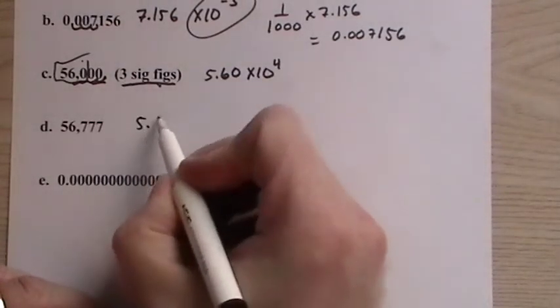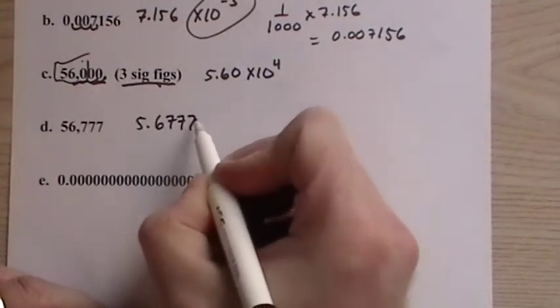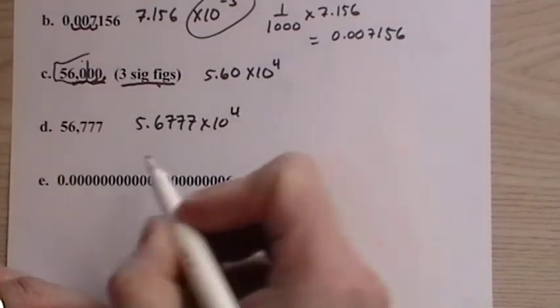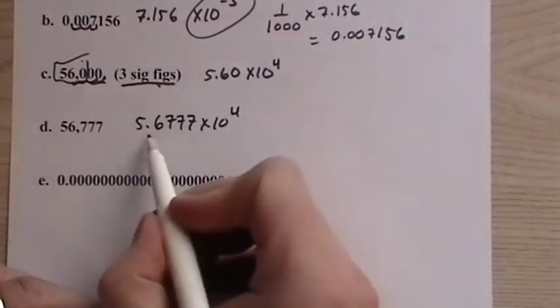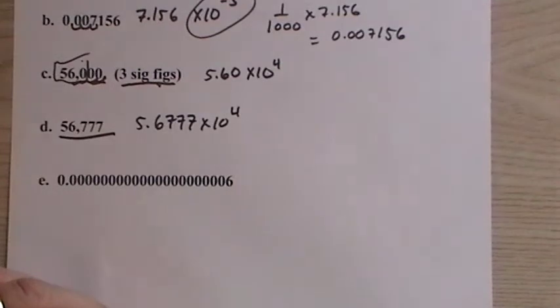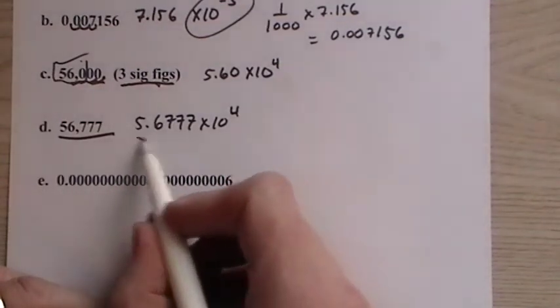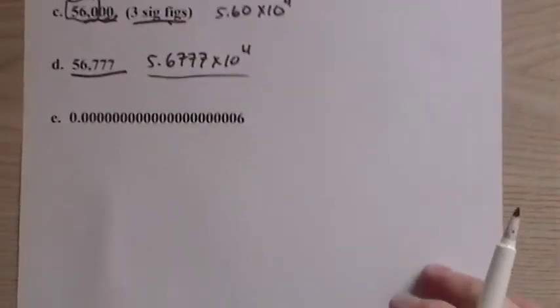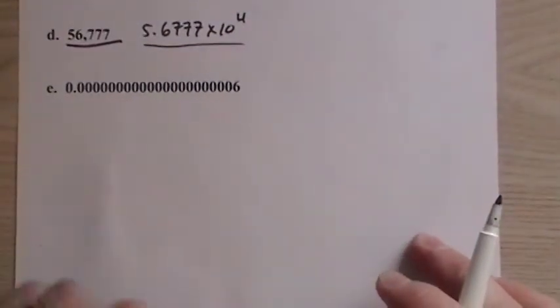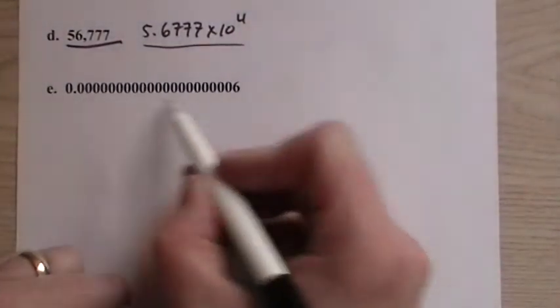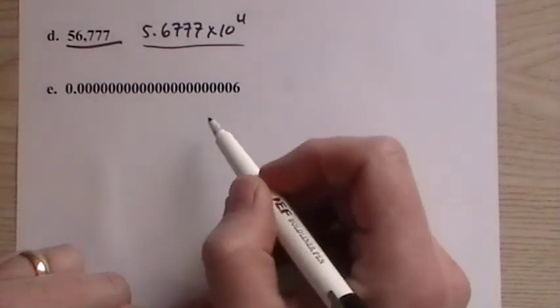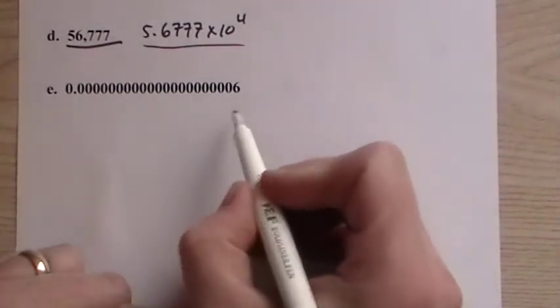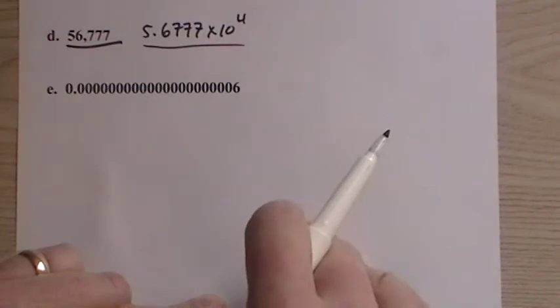56,777. Now this would be kind of a waste to do because all we're doing is making work for ourselves. We have to put in all the digits because they're all non-zero, so they're all significant. But always 1 to the left, all the way up. This guy, all these leading zeros, none of them are significant. And when you say they're not significant, you don't say they're insignificant.